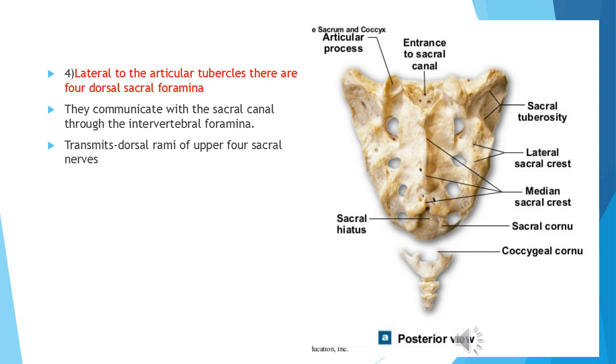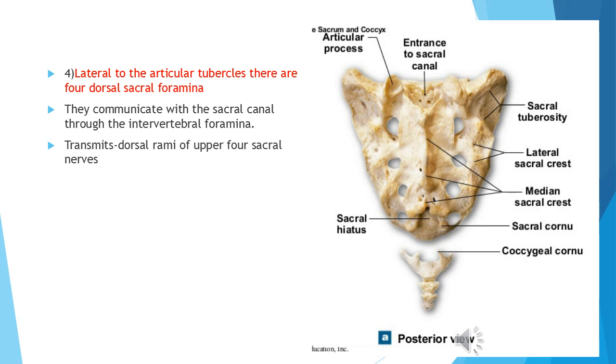So lateral to the articular tubercle, or lateral to the intermediate crest, that is formed by the fusion of the articular processes, there are 4 dorsal sacral foramina. They communicate with the sacral canal through the intervertebral foramina.